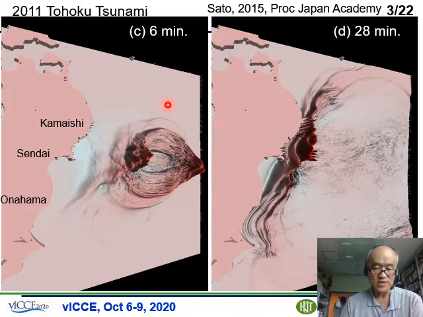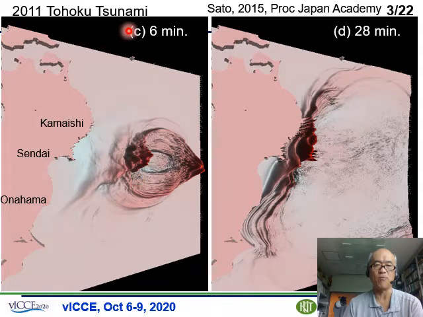Tsunami propagation was then simulated by the long wave theory. This picture shows a tsunami profile 6 minutes after the shaking. You can clearly confirm that the tsunami has a directionality such that it's enhanced for east-west, but the north-south propagation will not be significant.